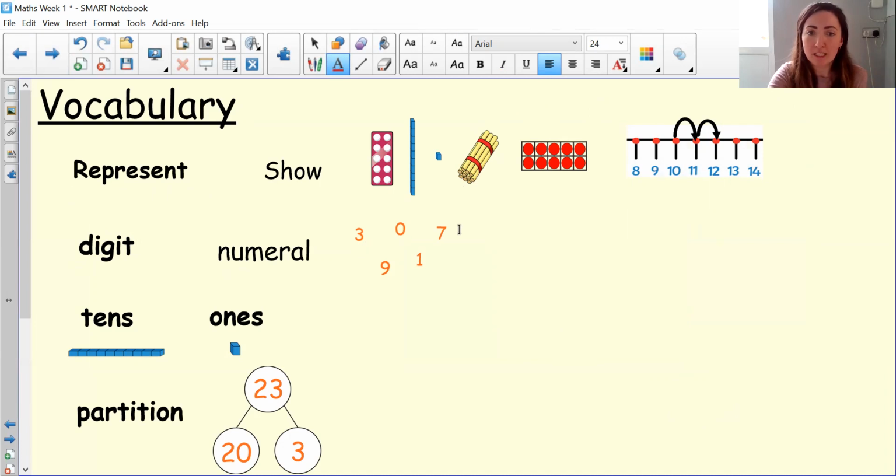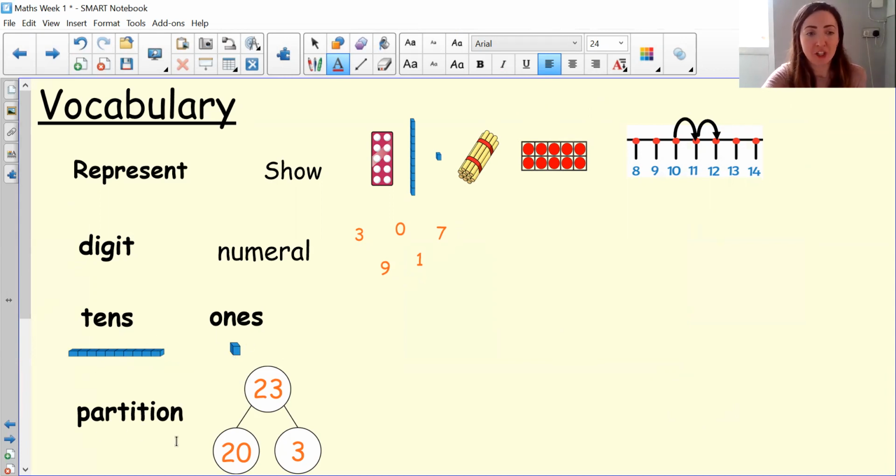So these are all digits. Then we've got tens and ones. And these are obviously pictures of Deans. There are other ways that we can show tens and ones, but just as a reminder that this is what our Deans look like, and 10 ones is the same as 1 ten.